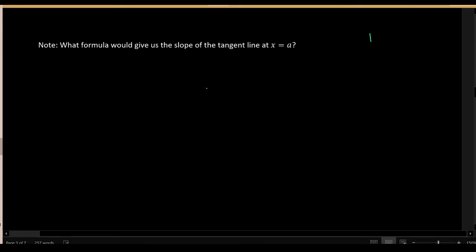we could take the formula for a secant line through x equals a.